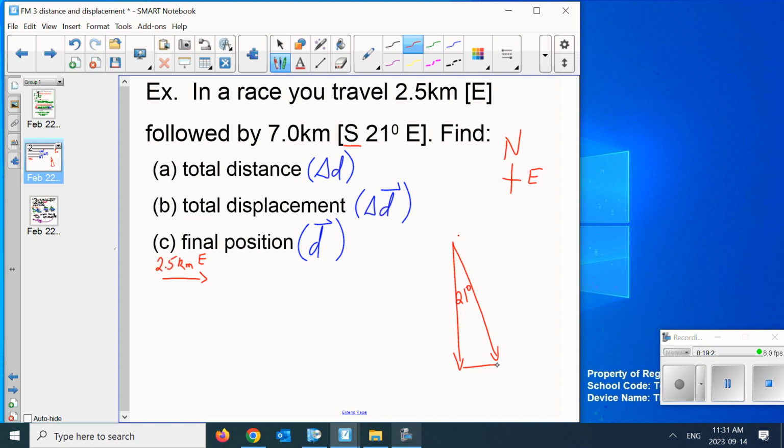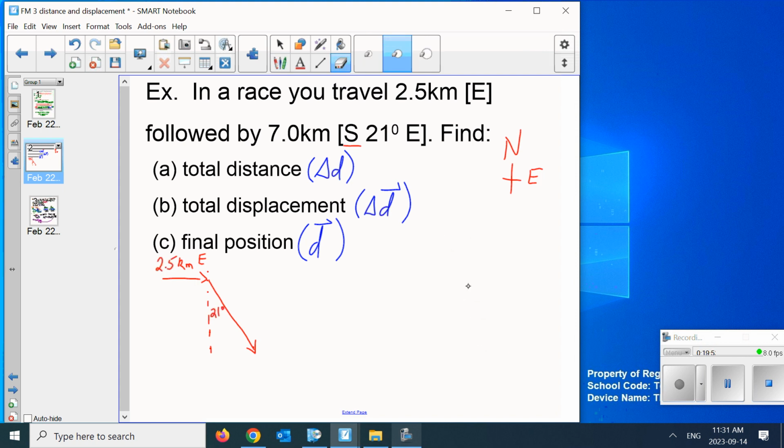I'm going to draw this, and often, if I'm doing a sketch, I will do a dotted line. I'm not measuring, I'm just kind of approximating. This is my 21 degrees. And I will put the dotted line south there just so I can approximate. I'm recommending you do the same so that you understand what it means to go south. But this is just to understand.